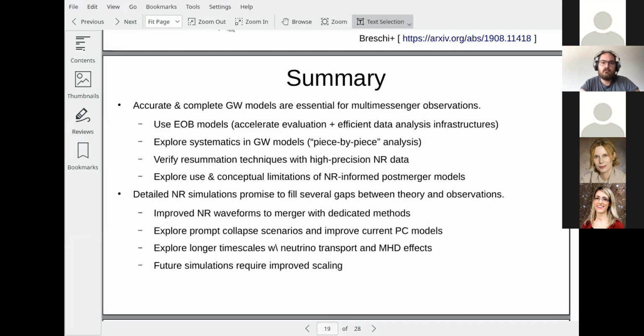So we would like to have longer, more precise simulations, and measure the error better. And in order to have all this, you do need codes that show better scaling.